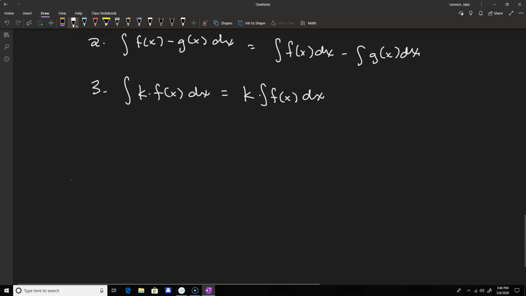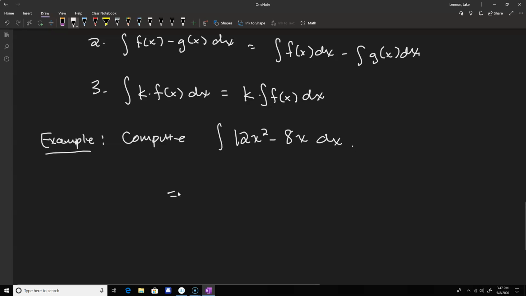So let's just do one example. Let's just say compute the integral of, let's say, 12x squared minus 8x dx. So all we have to do here is the same trick, add 1 to the exponent and then divide, and then we do it separately.